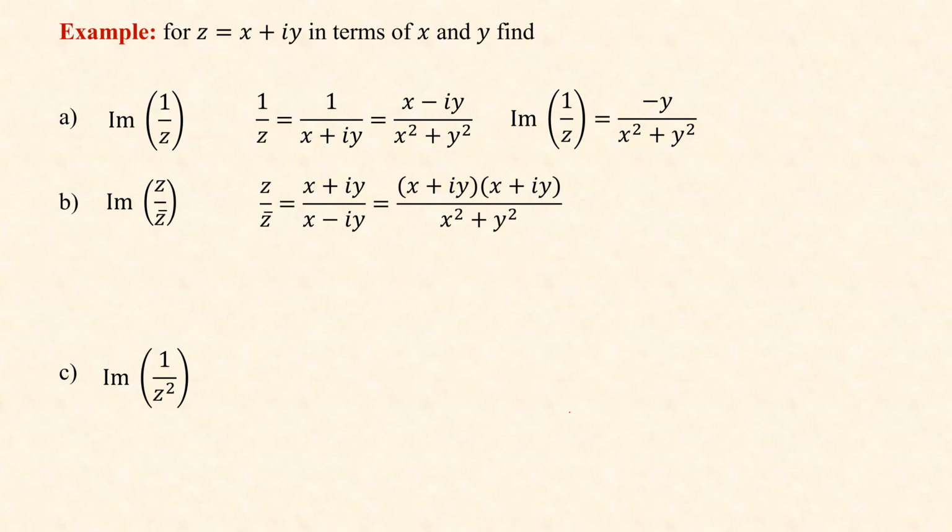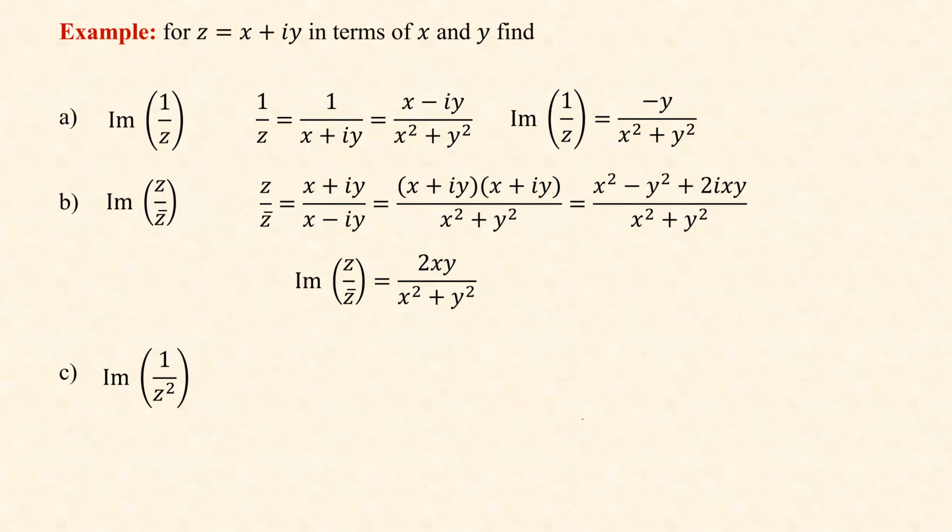So it becomes x plus iy squared, basically. x squared minus y squared plus 2ixy. And so the imaginary part is the coefficient of i, which is 2xy divided by x squared plus y squared. And then 1 over z squared becomes 1 over x squared minus y squared plus 2ixy.